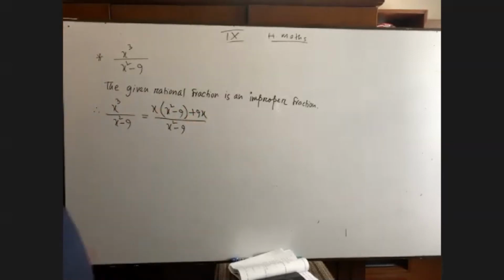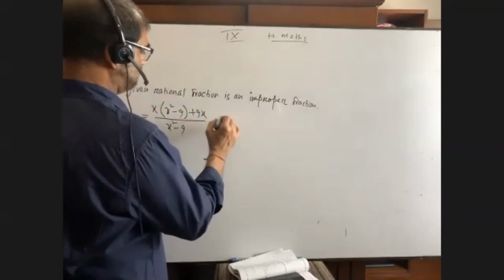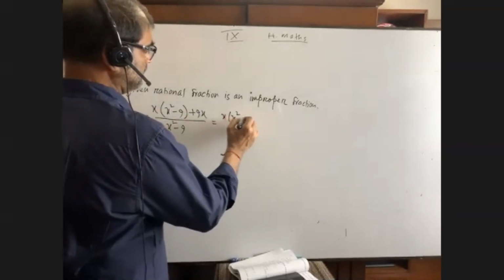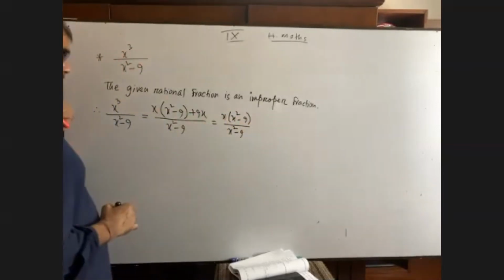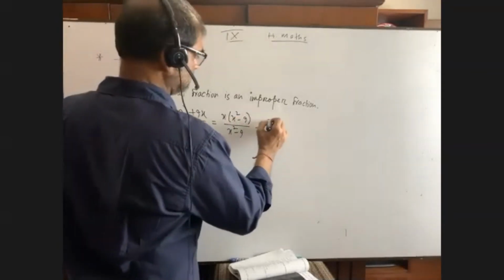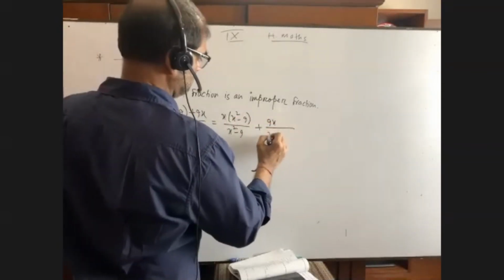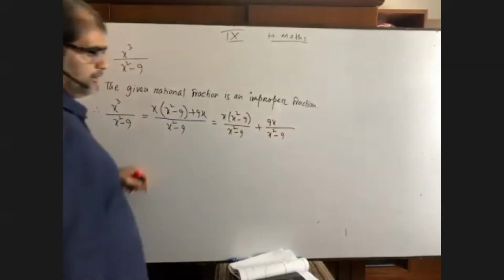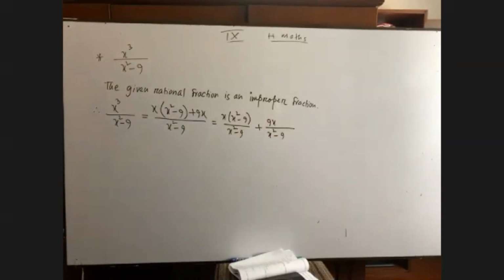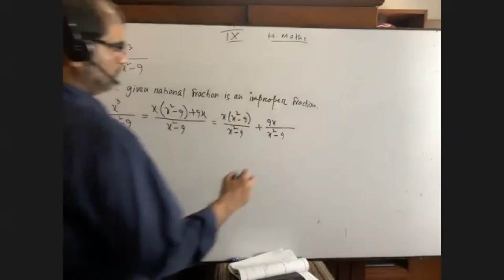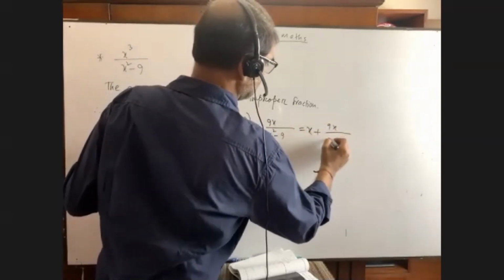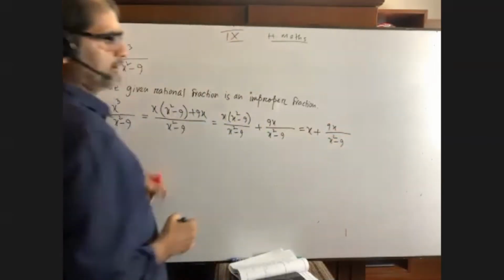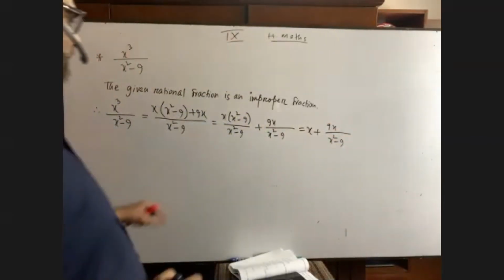Right? So we are getting here x into x square minus 9 by x square minus 9, plus 9x by x square minus 9. That means we are getting x plus 9x by, okay, now it is 1.